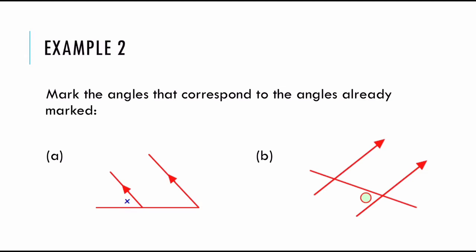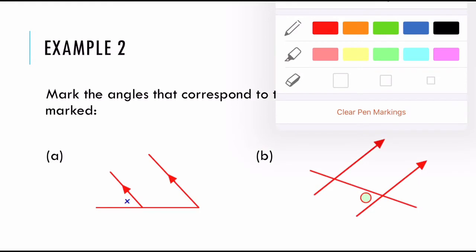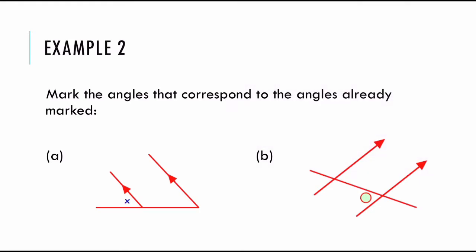In example 2, we are asked to mark the angles that correspond to the angles already marked. So, if I highlight this F shape, I can see that the angle tucked under here must be identical to the angle tucked under here, which tells me that this angle here is also X. In this shape here, we need to find the F angle that the green circle is tucked into.